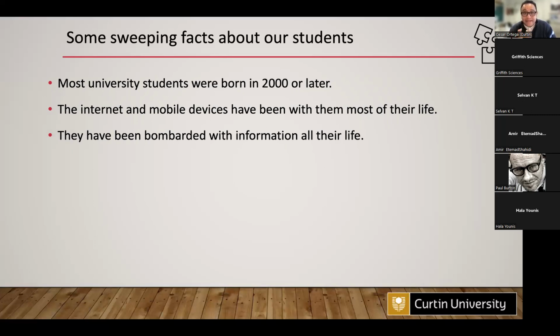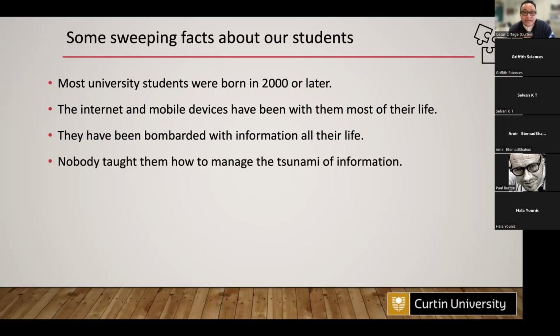They are used to getting instantaneous answers. Just Google anything, go to Wikipedia, you can find anything instantly. So that's their experience. But that comes with a downside. It's too much. Nobody taught them how to manage that tsunami of information. So they are confused.